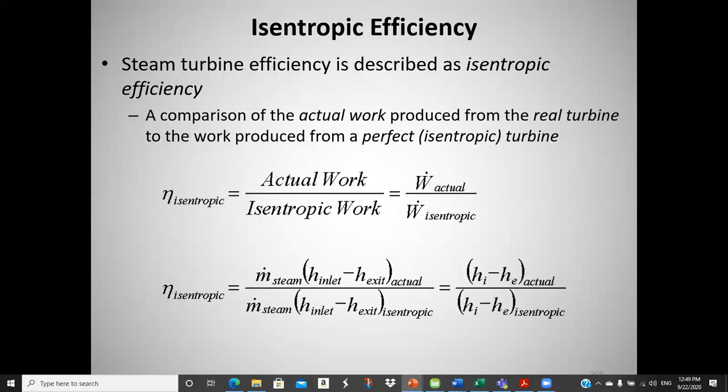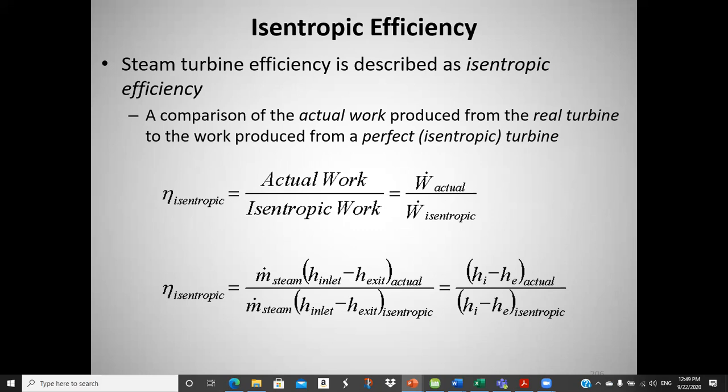Well, the equation's still not bad. It's the actual work out of a real turbine divided by the isentropic work out of an ideal turbine. That's set up to be less than 1, right? Because the actual turbine is going to produce less work than the perfect turbine.